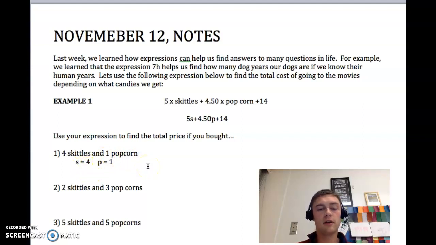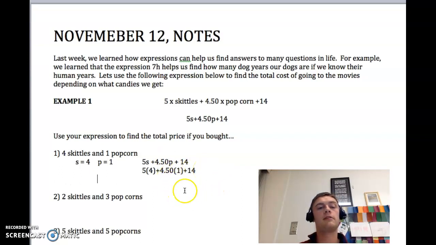Now we use our expression 5S plus 450P plus 14 and plug in our values for S and P. S is 4, so instead of 5S, we're doing 5 times 4, because S is 4. You're writing this down: 5 times 4 plus 450 times 1 plus 14.